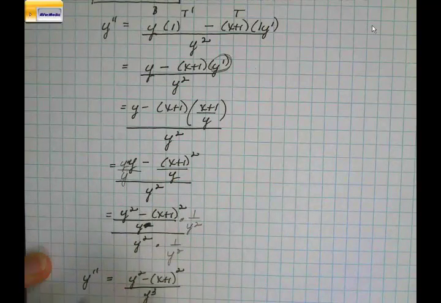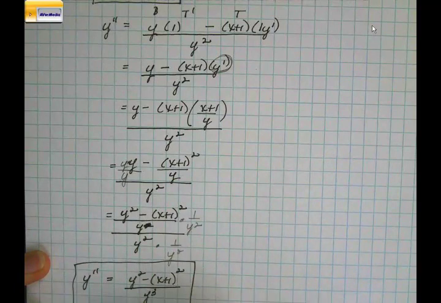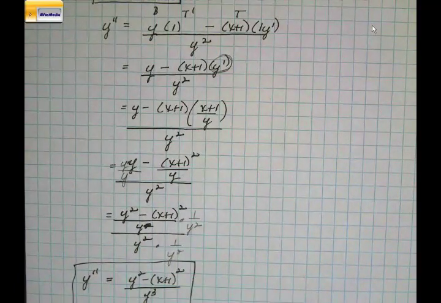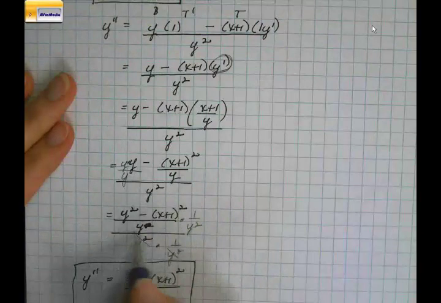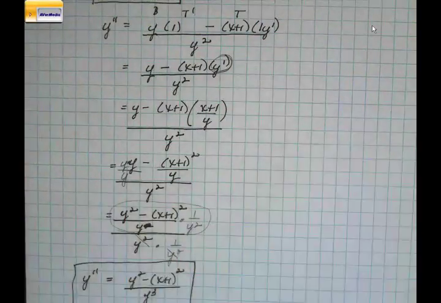And I think we're done. Because remember, all this cancels, right? This cancels and this cancels, so you're only looking at this part at this point. And y times y squared is y cubed.